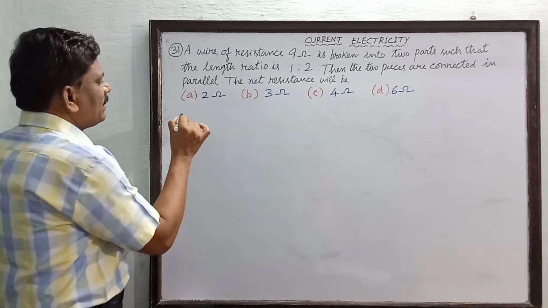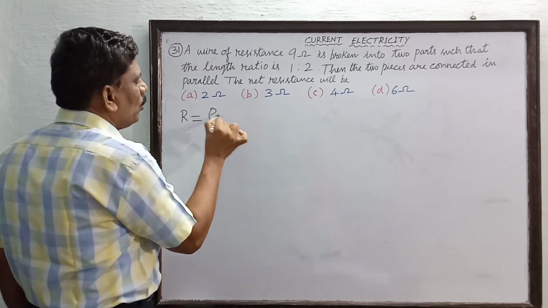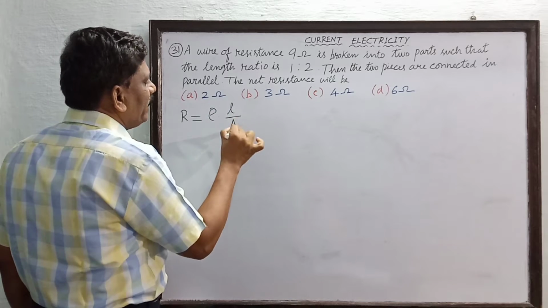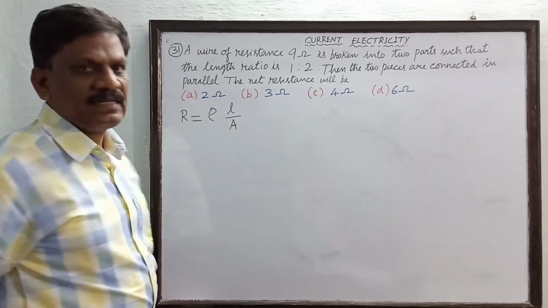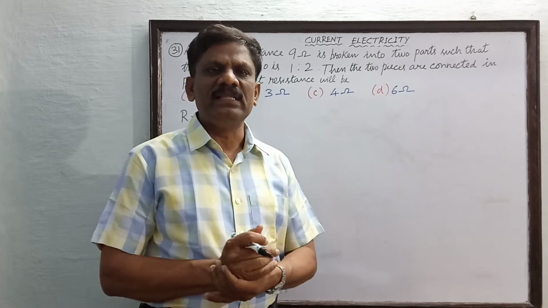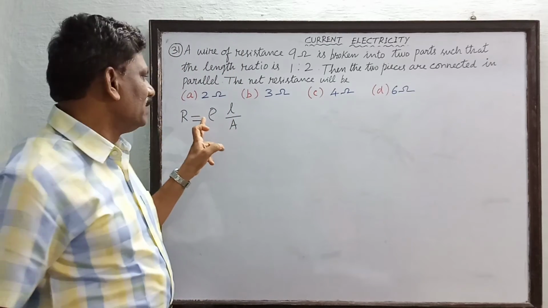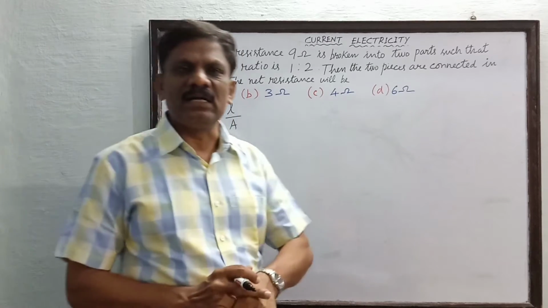Now first, the resistance of any conductor or wire is given by R is equal to rho into L divided by A. Since the same wire is broken into two parts, the area of cross section also will be the same and the material is the same, hence the specific resistance rho will be a constant.